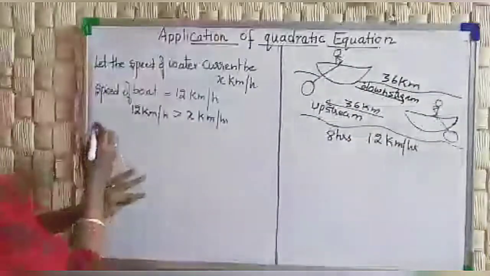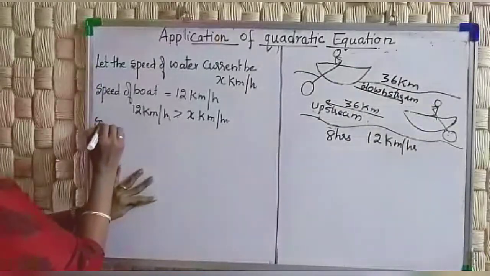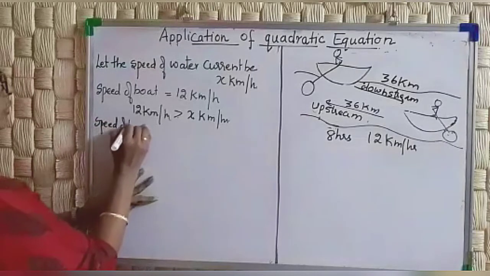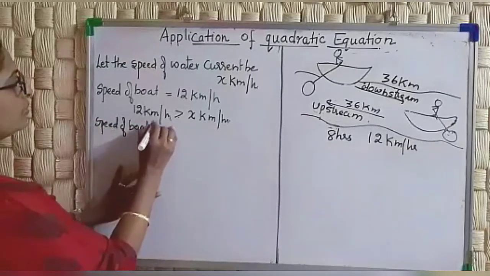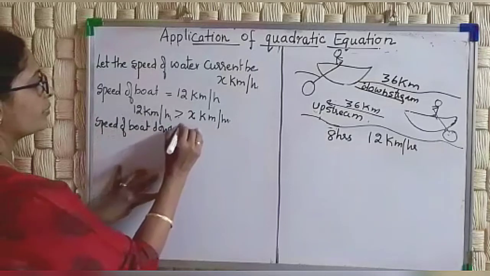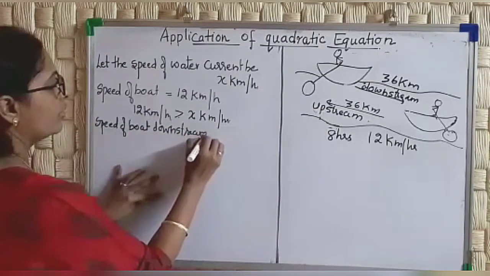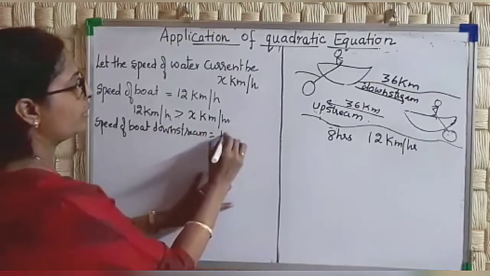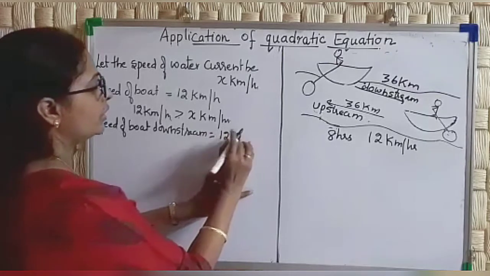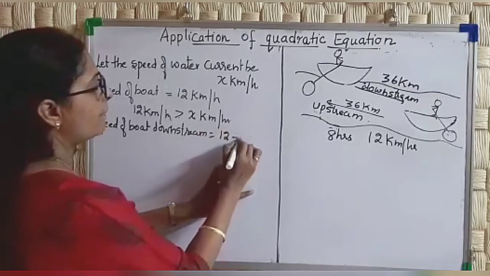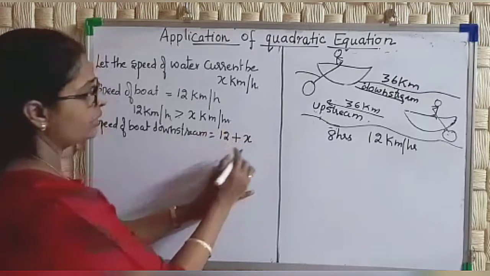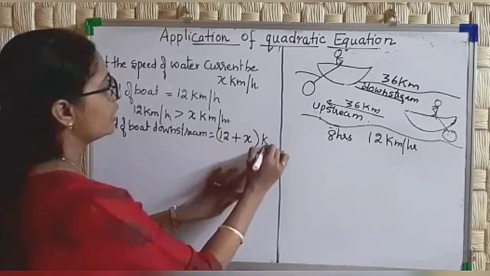So, speed of boat downstreams will be equal to 12 plus x km per hour.